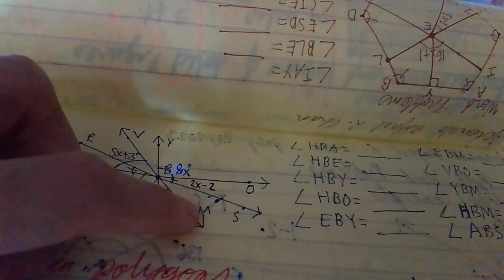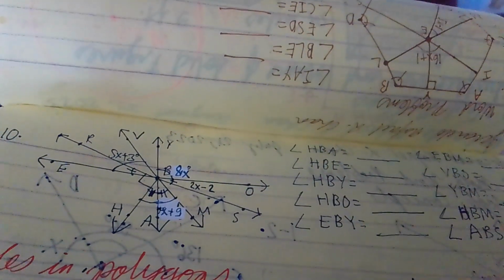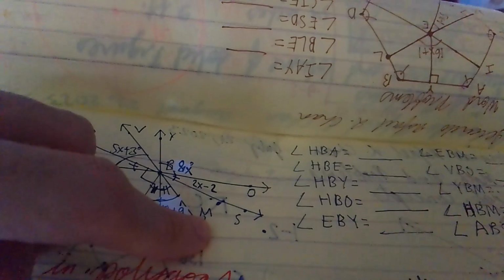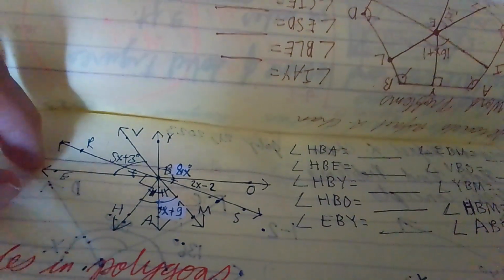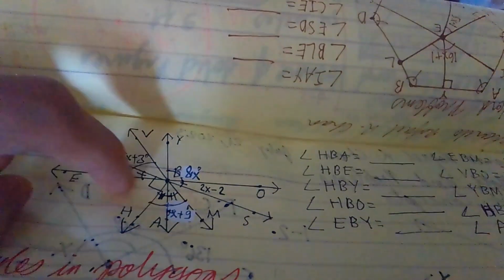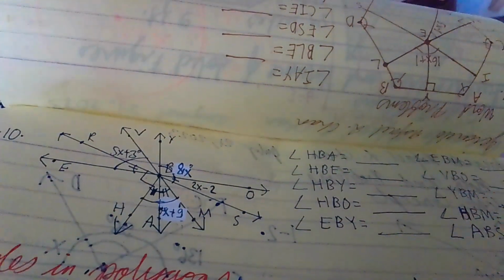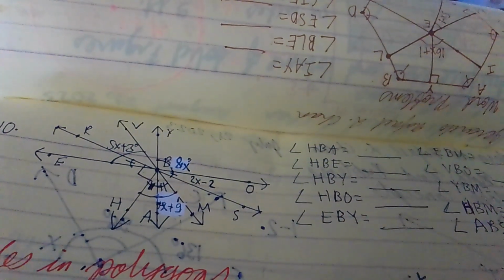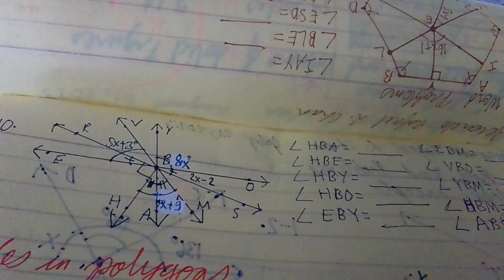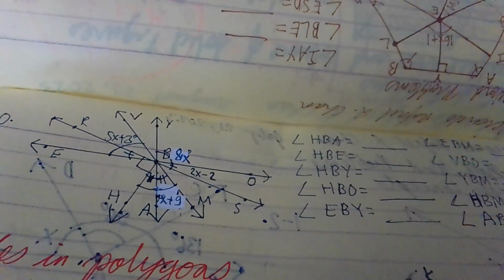So VBM. Yes. VBM is a straight line. So therefore, angle OBM is also vertical. So therefore, we can make a conclusion that angle EBV and angle OBM form a pair of vertical angles.